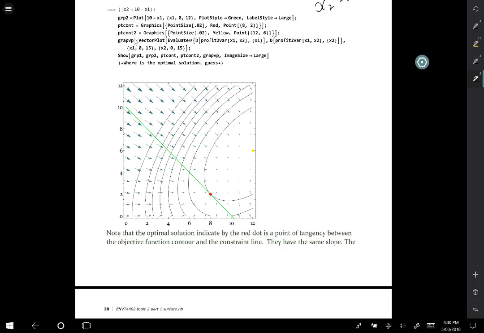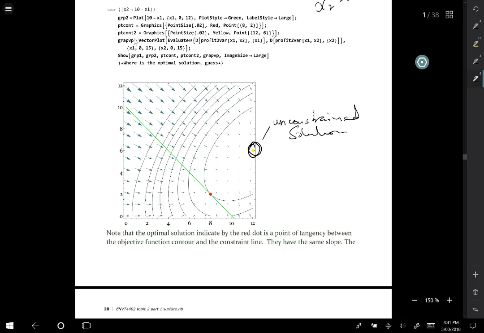So we've got contour plots and we've got arrows indicating the direction of steepest ascent. We have a rather faint yellow point here which gives us the unconstrained solution up there.